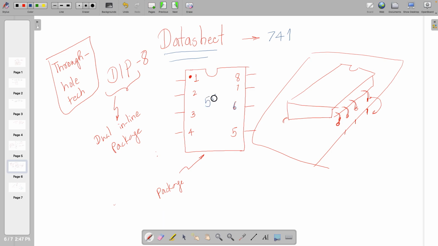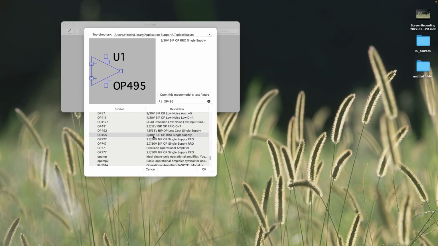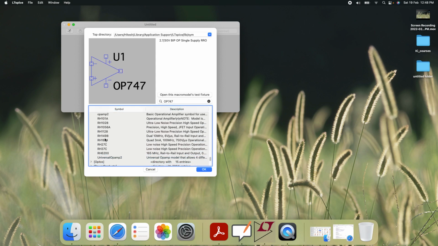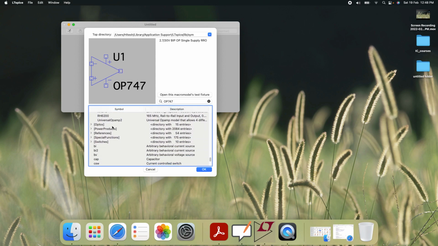Whatever number is written indicates the number of that IC, and the same number I am referring to over here. These numbers are not kept just for simulation purposes; in reality such ICs are available. So all these things you can read about.